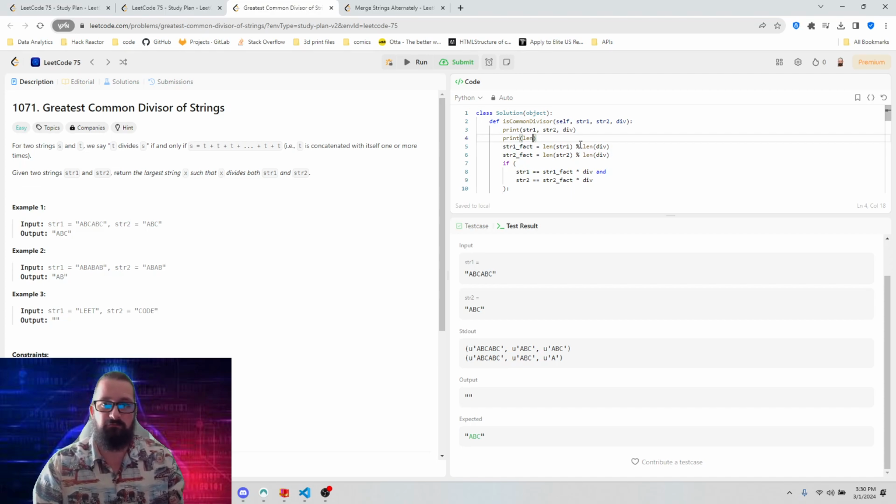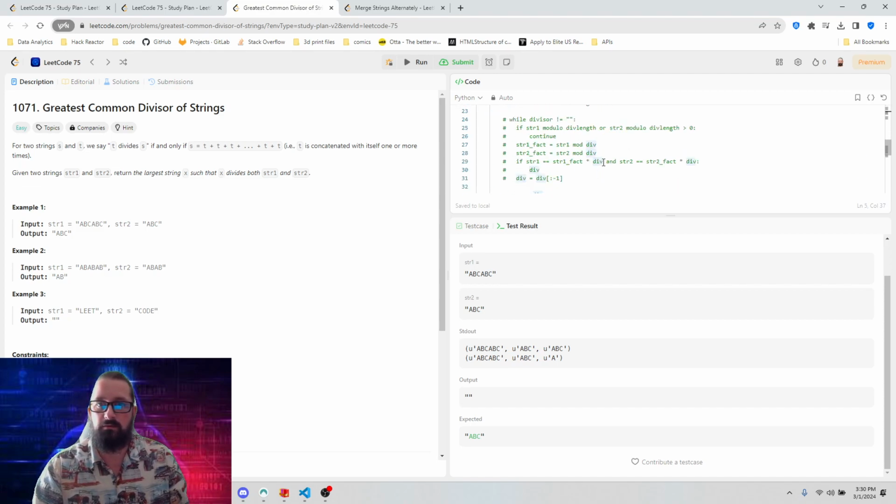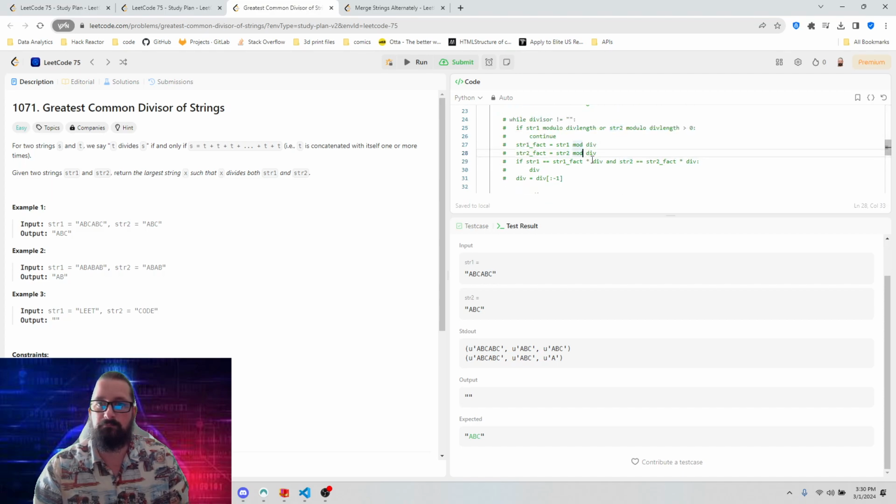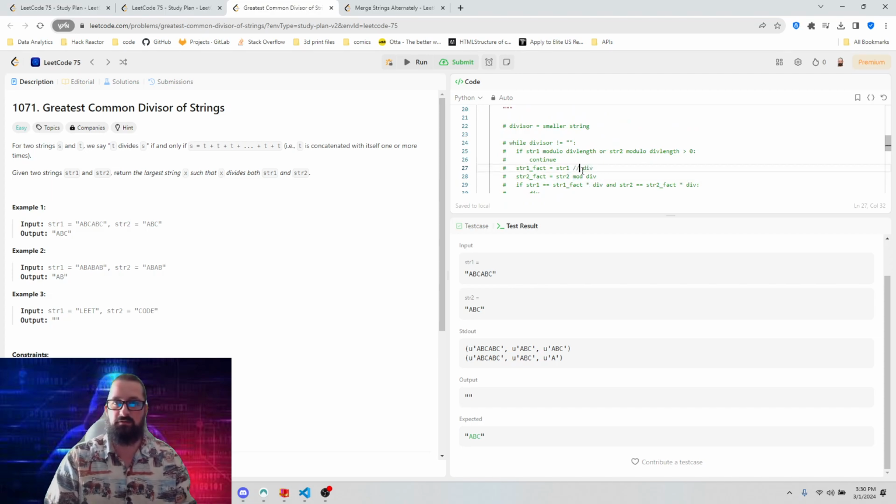This was supposed to be divide, isn't it? Yeah, I pseudocoded modulo, but I should have put divide.